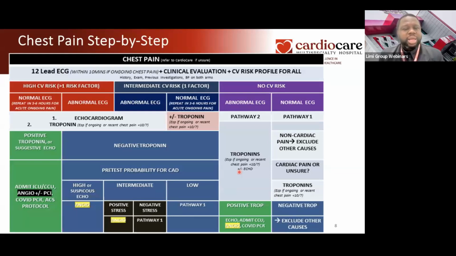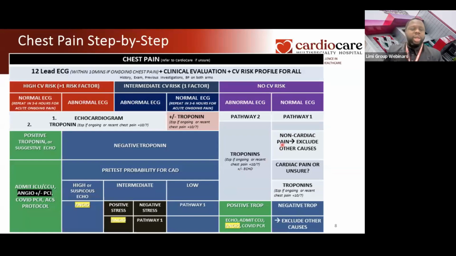So it's very important that if the patient is still having ongoing chest pain, a normal ECG does not necessarily rule it out. Repeat that ECG again in 3 to 6 hours if there's acute ongoing chest pain, while you're looking for other things that could have caused it, and do your troponin test. So very, very important. These are the things you do.